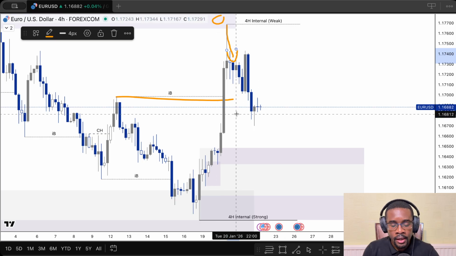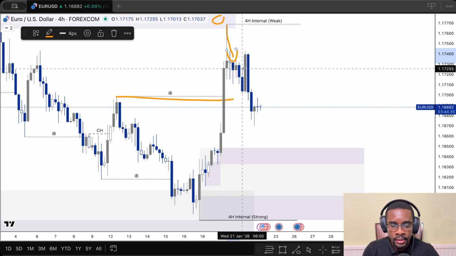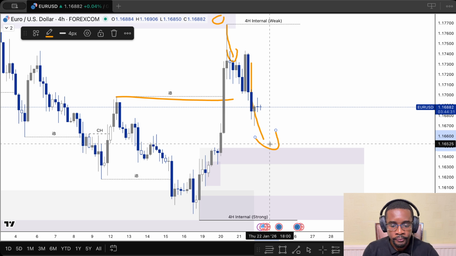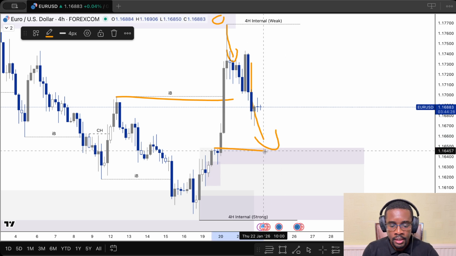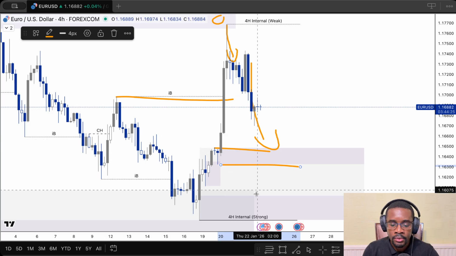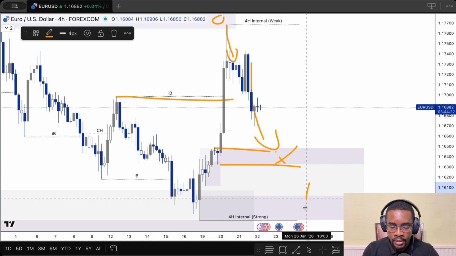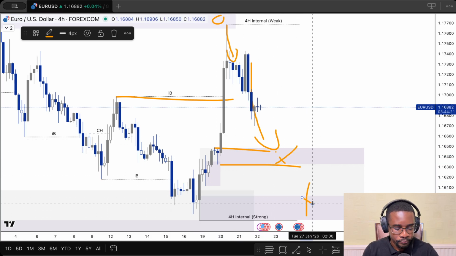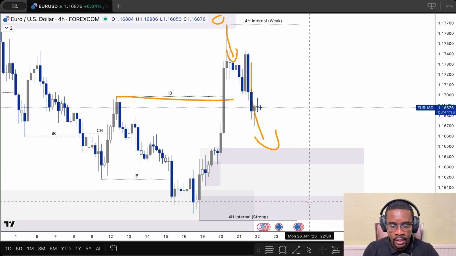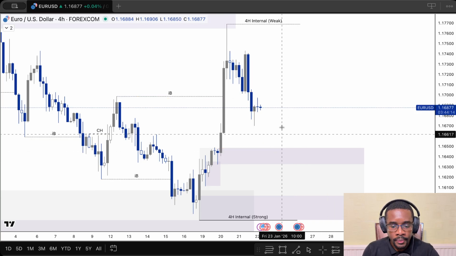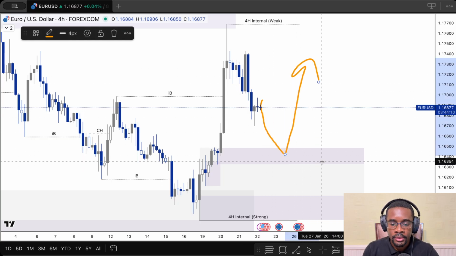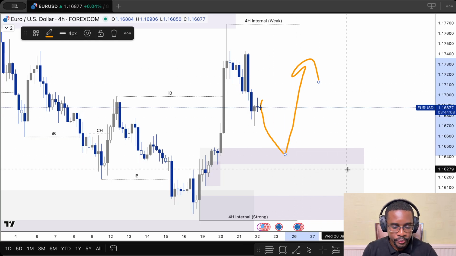From there, I was anticipating that price would now be willing to come back down, at least mitigate this 4-hour POI, which is the decisional. If this fails, then we'll be looking at the extreme. But the expectation is still that price is now going to mitigate before it continues bullish.